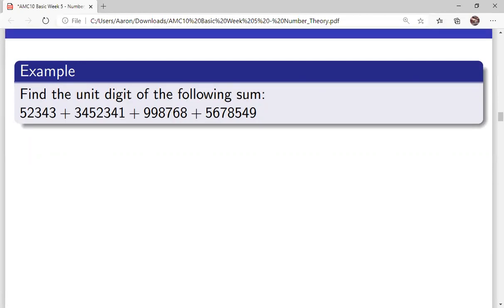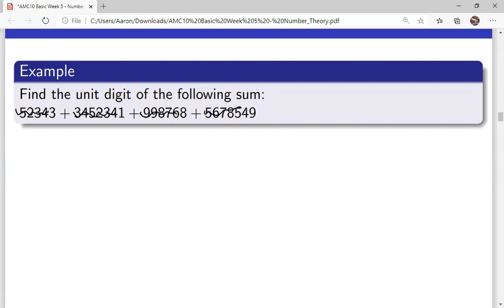I'll just start going over this because it's really easy. To find the units digit of this sum, you can ignore everything except the units digits.